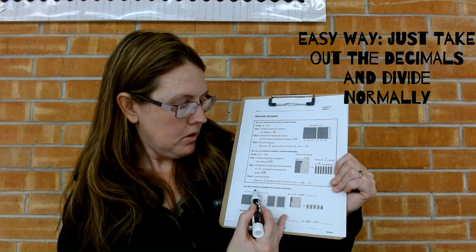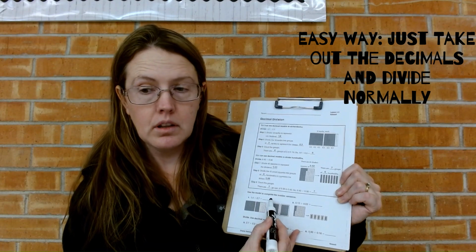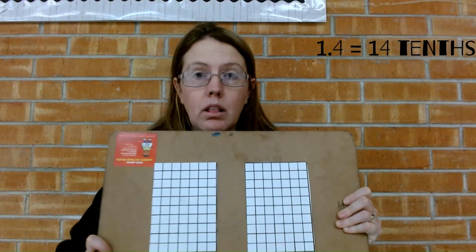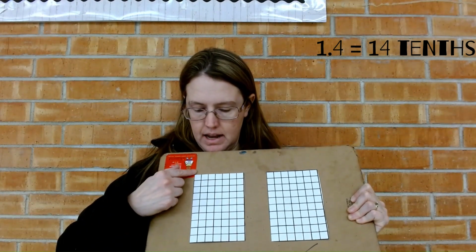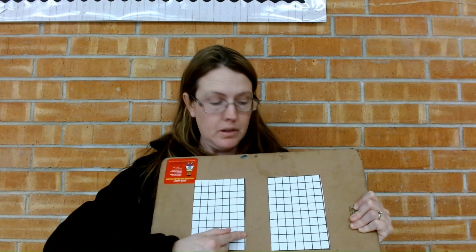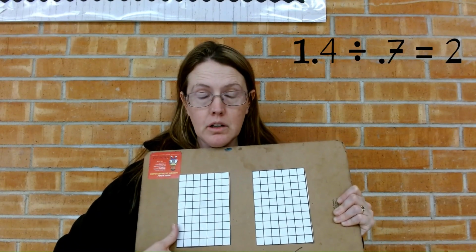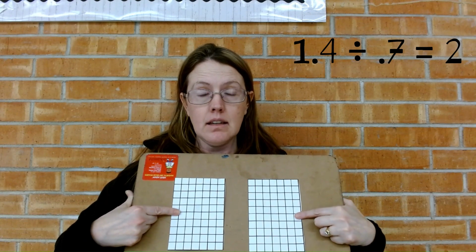You can remove those decimals and just say 14 divided by 7 equals 2. Okay, and it will look like this. This is my model of 14/10. See, altogether I have 1, 2, 3, 4, 5, 6, 7 in this group and 7 in this group. So 14/10 or 1.4 divided into groups of 7/10 equals 2.